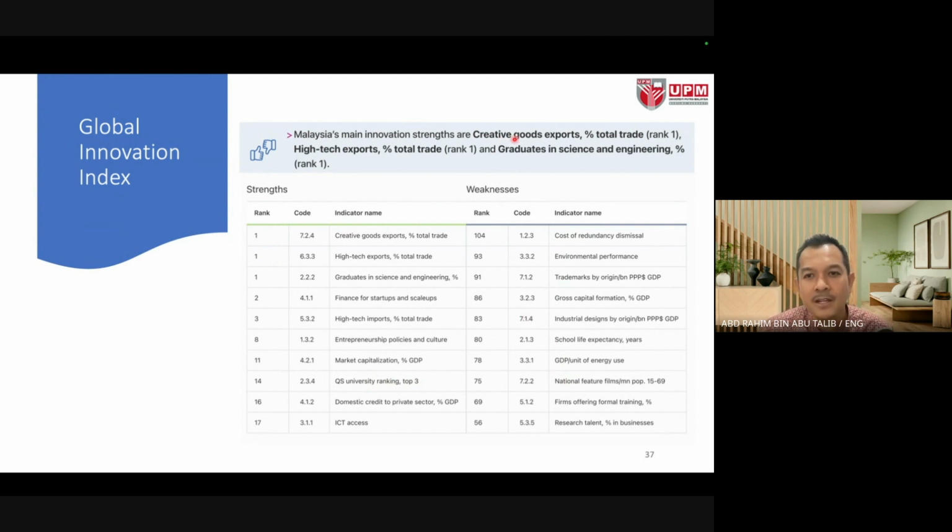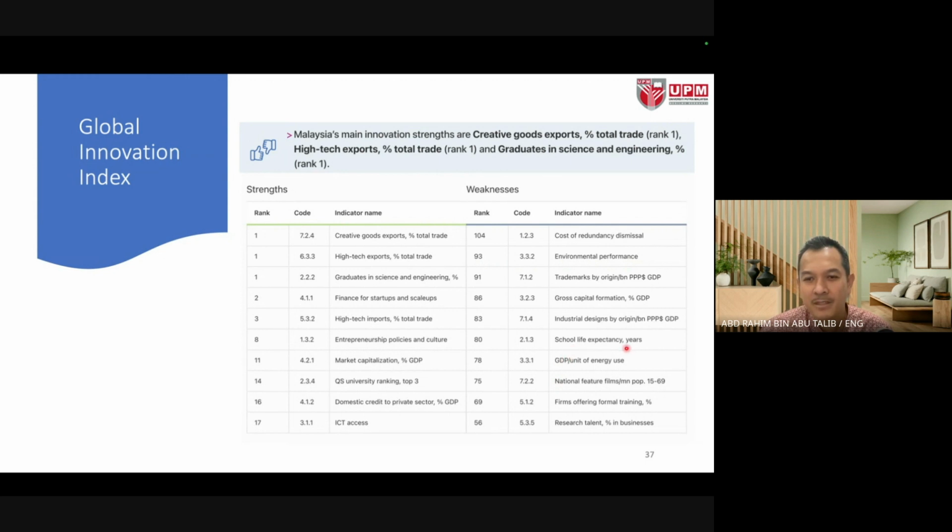We can see here creative goods exports, total trade, we are ranked number 1. High-tech export, total trade, ranked number 1. Graduates in science and engineering, we rank number 1. Those are the 3 things that we can be proud of. But we see that, for example, environmental performance, we rank number 93. Very bad in terms of this.